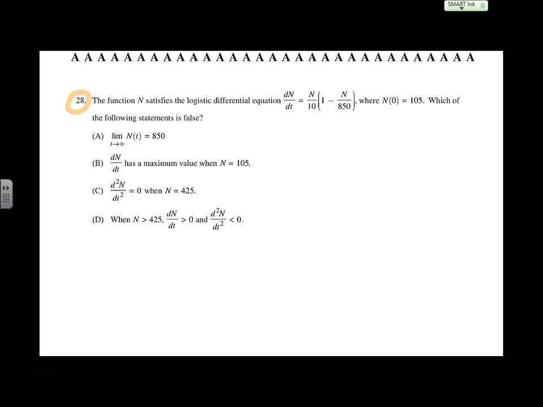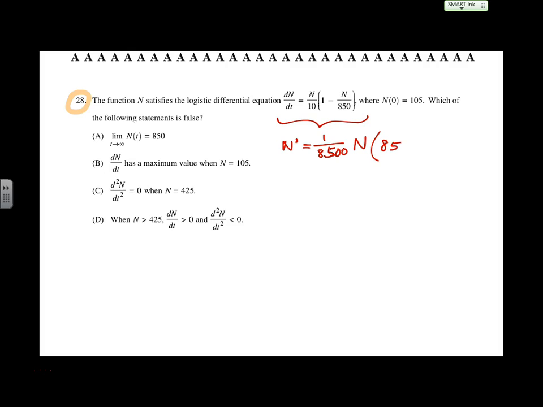Ooh, logistic. Go team. Okay, how did you guys try rearranging this logistic growth differential equation? If you pull the 1 out of 850, you end up with N prime equal to 1 over 850 times N, there's our kN, right?